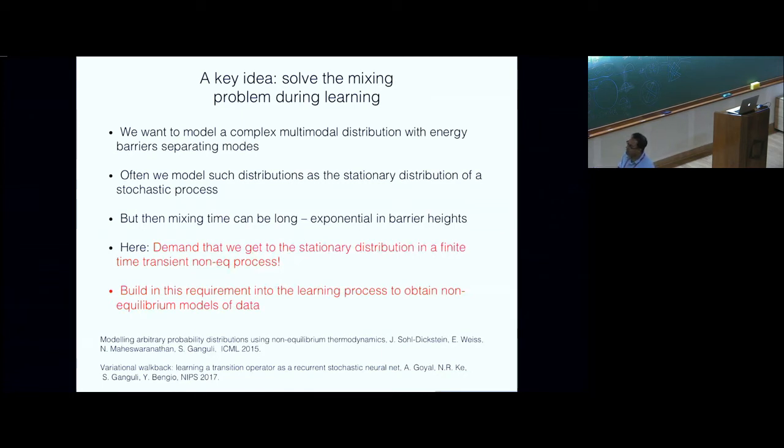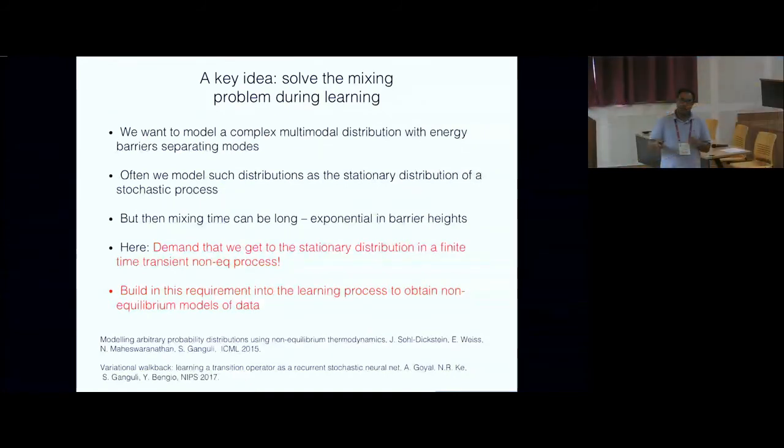Oftentimes we model such distributions as the stationary distribution of a stochastic process. We write down a stochastic process that obeys detailed balance with respect to the distribution we're trying to model. And if it obeys detailed balance, that's an easy way of knowing that the stationary distribution of the process equals the distribution that we want.